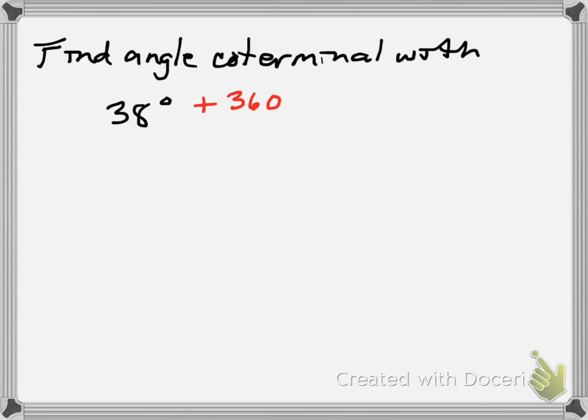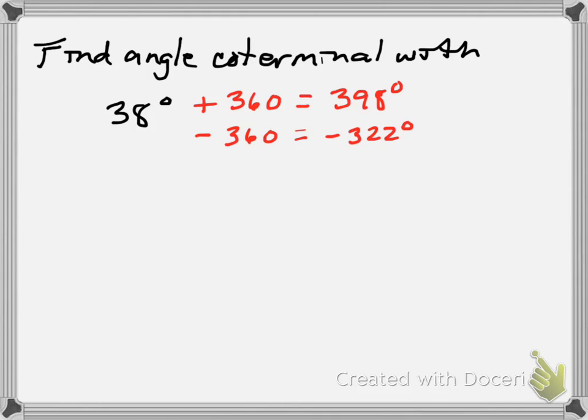So if you add 360, you get 398. 398 is coterminal with 38. You could also subtract 360 to get one of the negative angles. That angle, negative 322, is what you would get if you went against the grain. It would stop at the 38-degree finish line too.